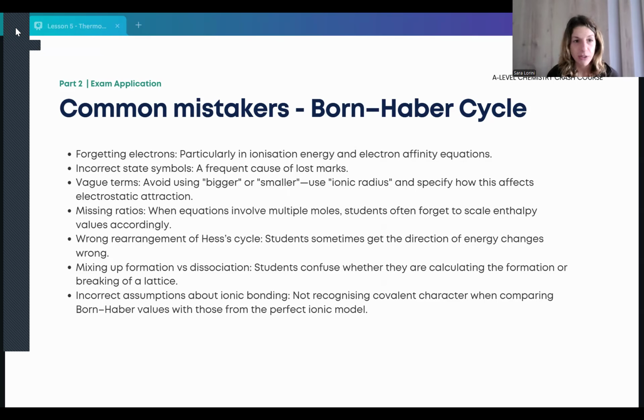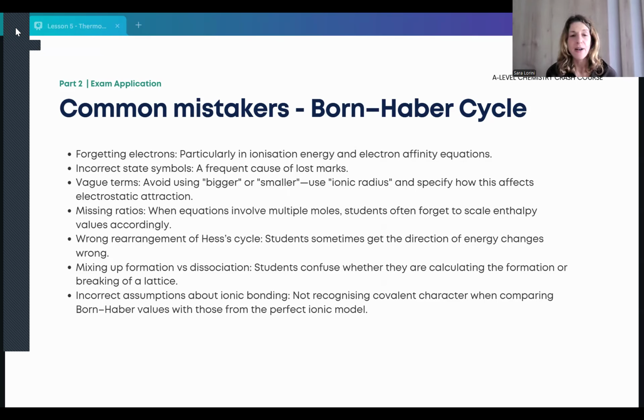Always think about the ratios and state symbols. How you rearrange it: you either remember the equation to calculate it, like lattice enthalpy, and then you just rearrange it, or you use the Born-Haber cycle, just like we always do for the ABC cycle, to find the correct overall equation.